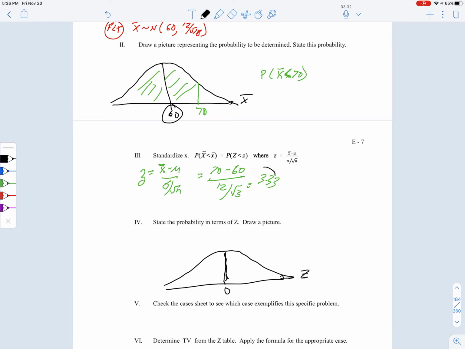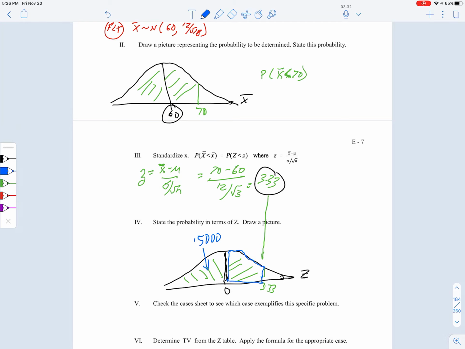So this 3.33 corresponds to a 3.33 here, and we're looking at all this area here, all the way down. The reason why I hatched it that way is, remember, the table will give us this area here, and then we'll add on another 50% here.